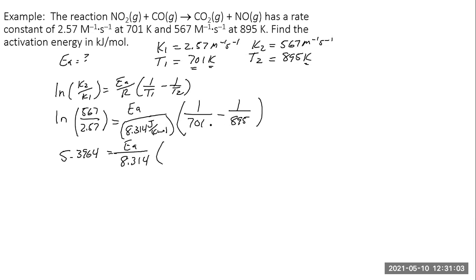I'll also clean up what I've got going on in here. So that is 1 divided by 701 minus 1 divided by 895. That's going to give me a lot of zeros, 0.000309215. Might as well write all the numbers, I suppose.